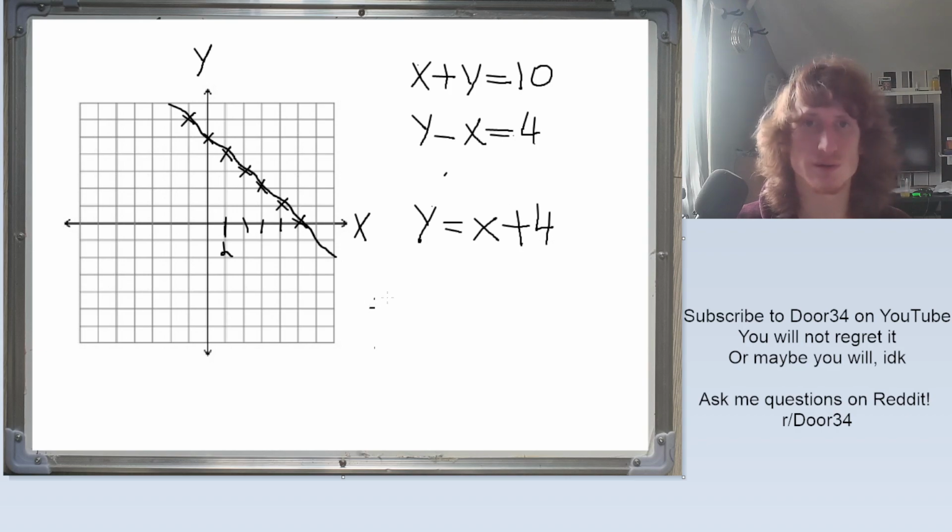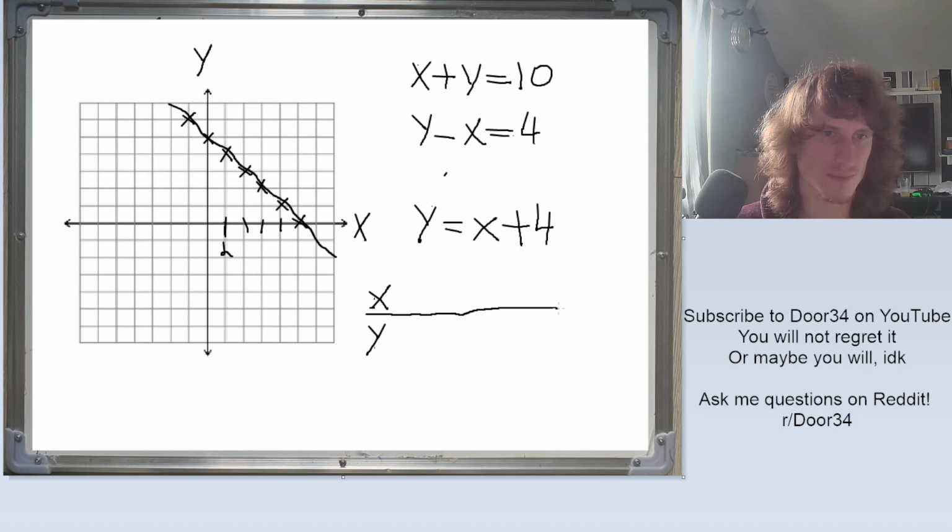So we're going to draw in another table. So we get x and y, and we'll do, well, same again, we'll start from -2 and we'll work our way up. So if we plug in -2 for x, we get 0, 2, 4, 6, 8.